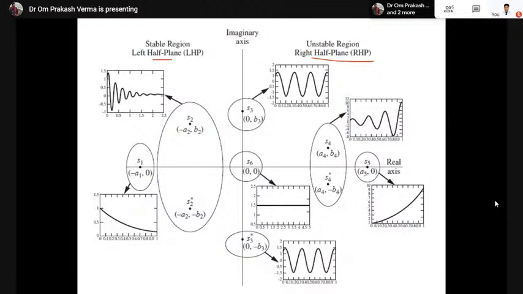If a single pole is located here, the response is like this. When two conjugate poles are lying here, then your response is like this. When your single pole is lying like this, then the response is e to the power minus t, that is 1 upon s plus 1.